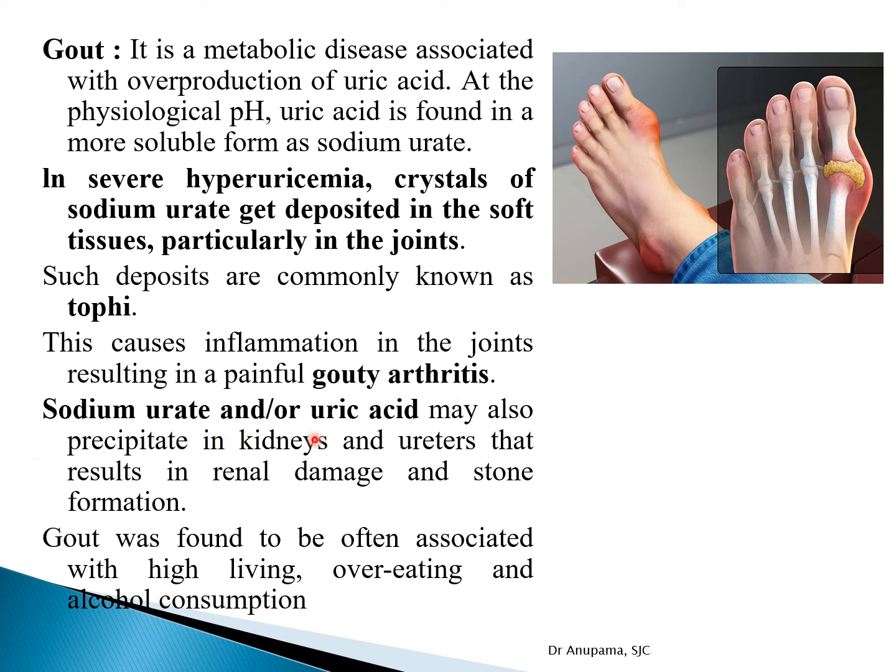Sodium urate and/or uric acid may also precipitate in the kidneys and ureters, thus resulting in renal damage and stone formation. Gout was found to be more associated with high living, overeating and alcohol consumption.